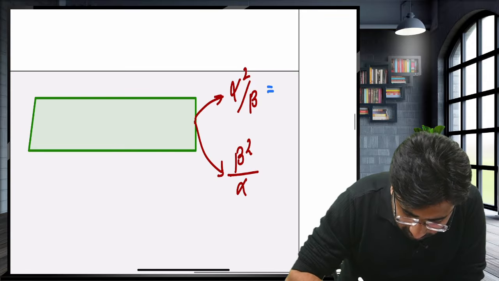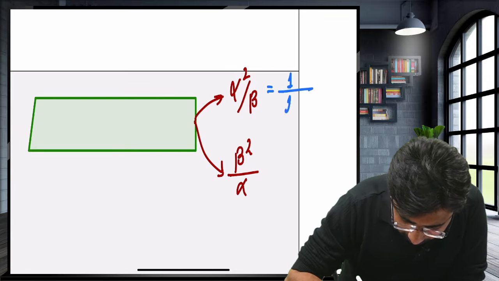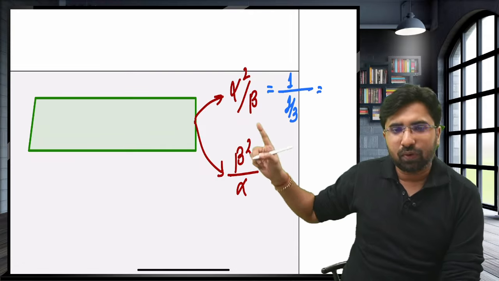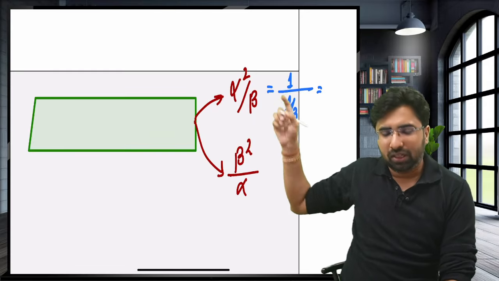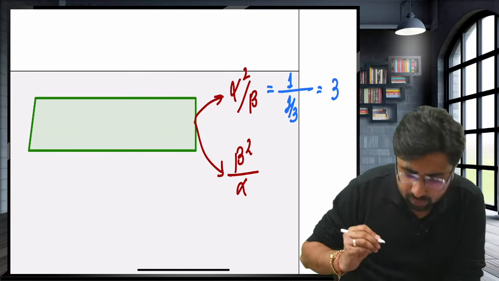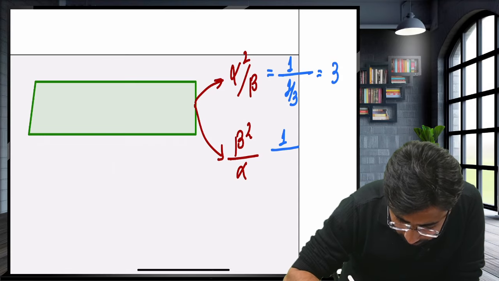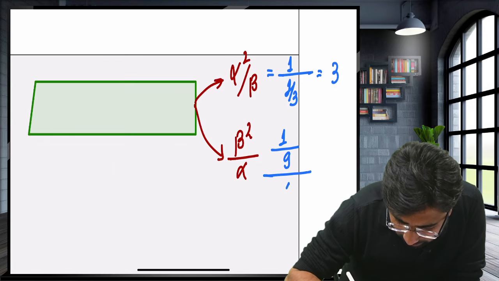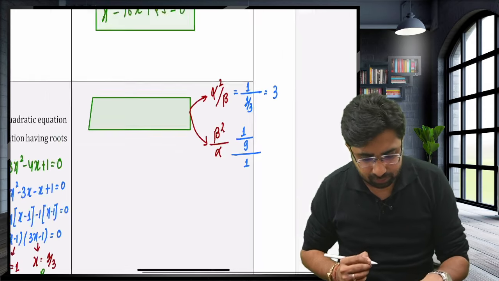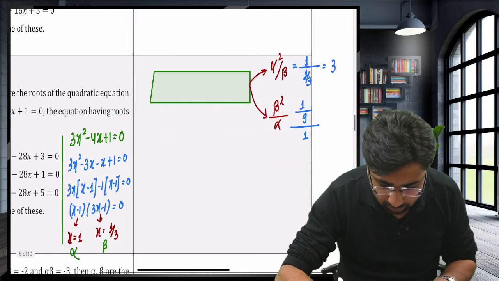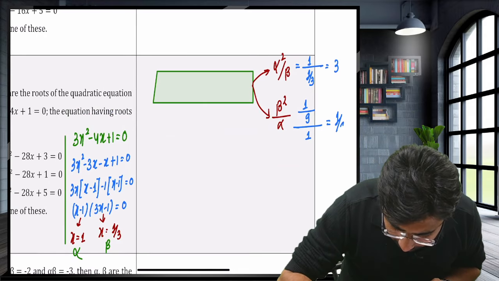What is alpha square upon beta? 1 square upon 1 upon 3. This 1 upon 3 goes above as a reciprocal, 3 upon 1. So one root must be 3. Beta square is 1 upon 3 square, that is 1 upon 9, divided by 1. So the other root is 1 upon 9.